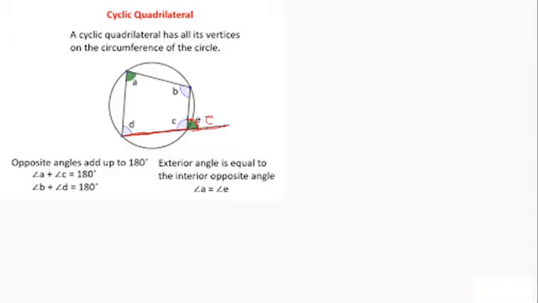This angle E's interior opposite angle is angle A. So we are saying angle A is equal to angle E. This is another property that I've combined with the cyclic quadrilateral. The exterior angle, angle E right here, is equal to the opposite interior angle of the cyclic quadrilateral. So angle A is equal to angle E.